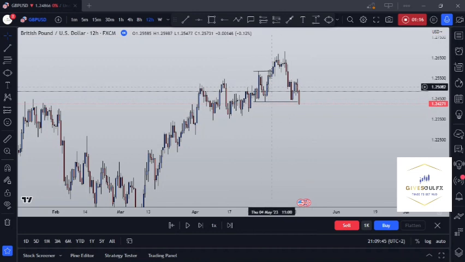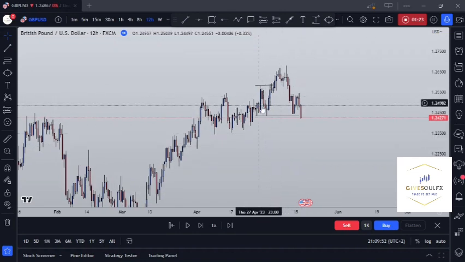I'm not looking at the overall trend. I'm not looking at this trend here that the price will eventually go down. No, I'm looking at the highs. I want to see price break the highs, creating a new high.